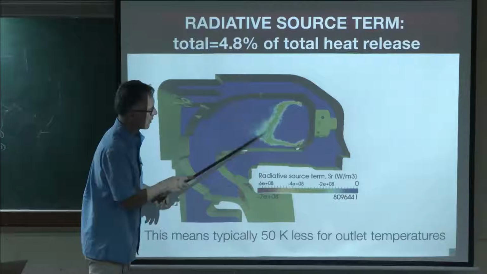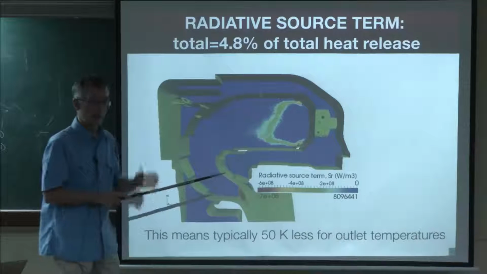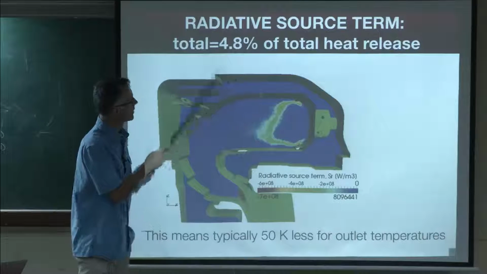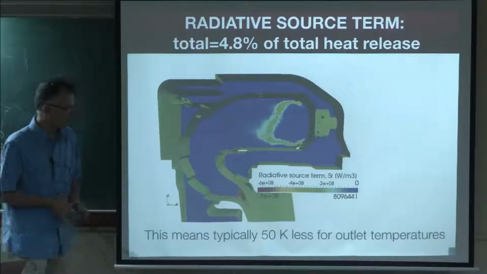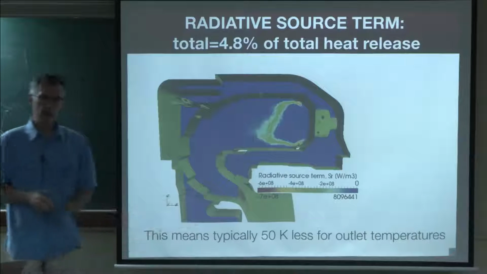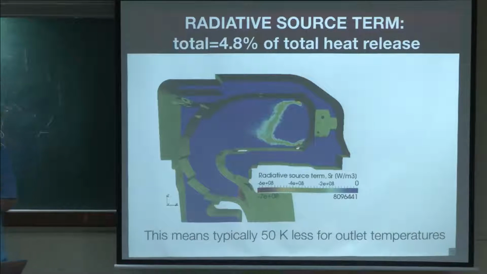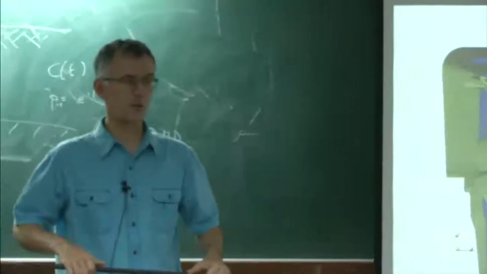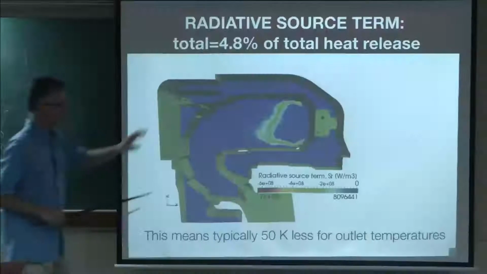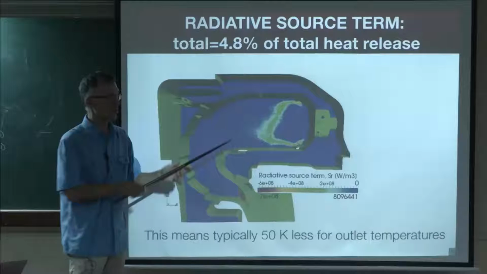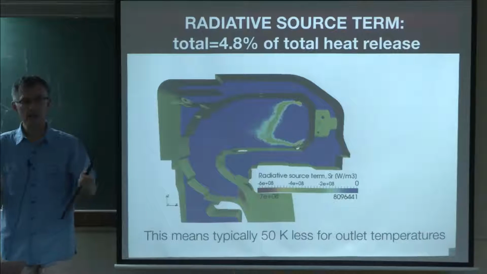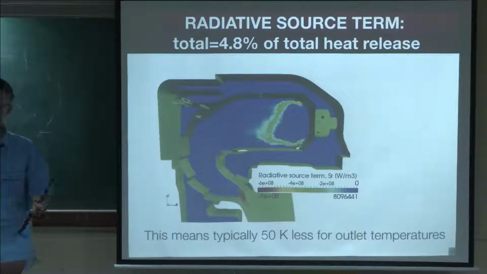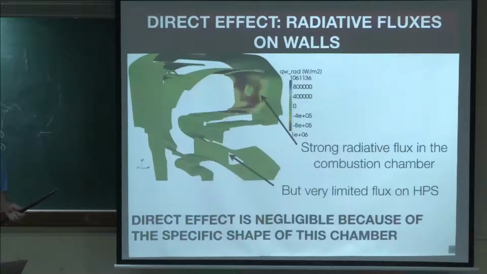This is the zone where radiation is the most intense on average. And you see here that it leads to about 5% loss, which is about 50K. So I'm coming back to this 25K that they want, you know, in the turbine department. If you have radiation, or if you don't have radiation, it changes the temperature by 50K. So right away, you see that predicting temperatures within 25K is probably asking too much.